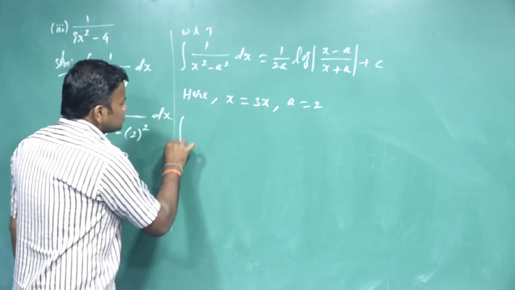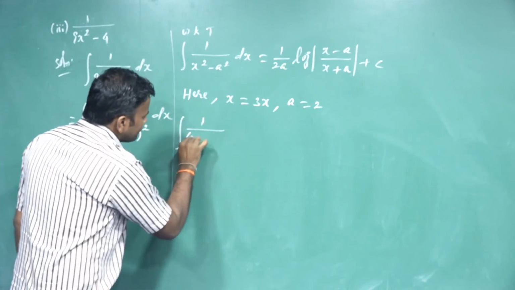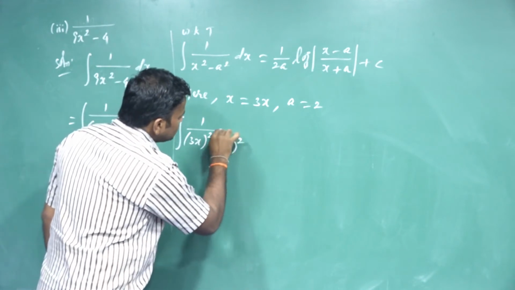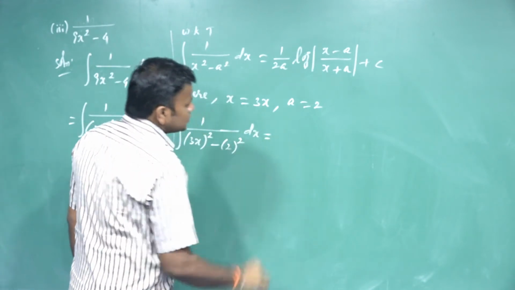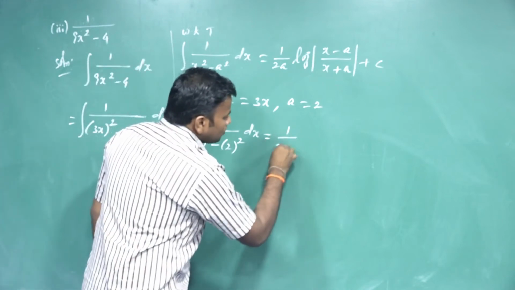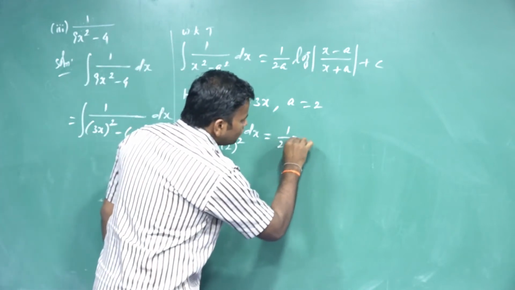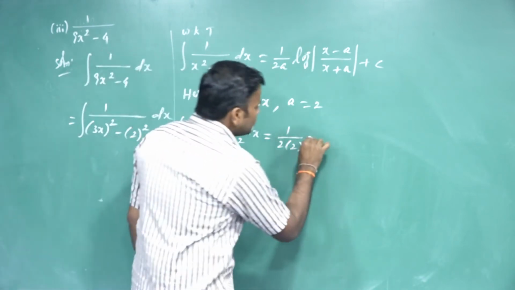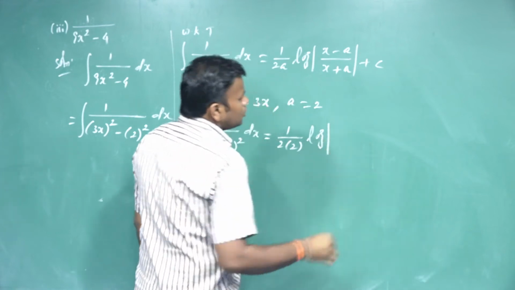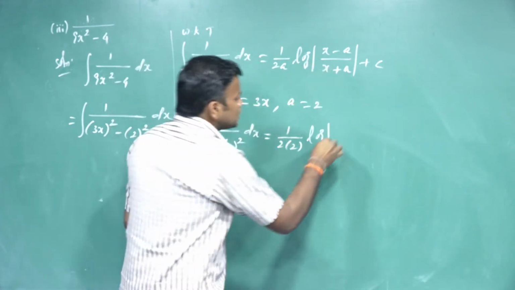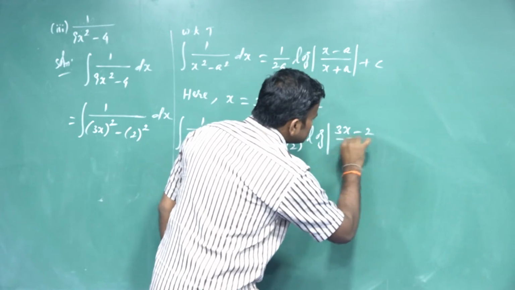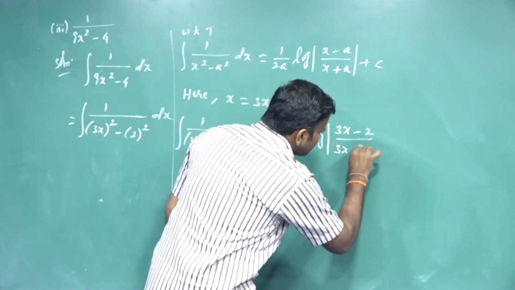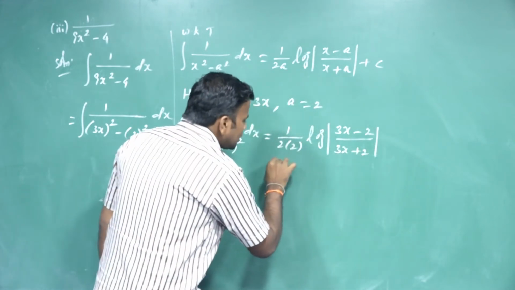Now we use the values. 1 divided by (3x the whole square minus 2 square) dx is equal to 1 by 2 of 2. 1 by 2, the value of a is also 2. Log modulus (x minus a, 3x minus 2) divided by (x plus a, 3x plus 2), but it is not the answer.